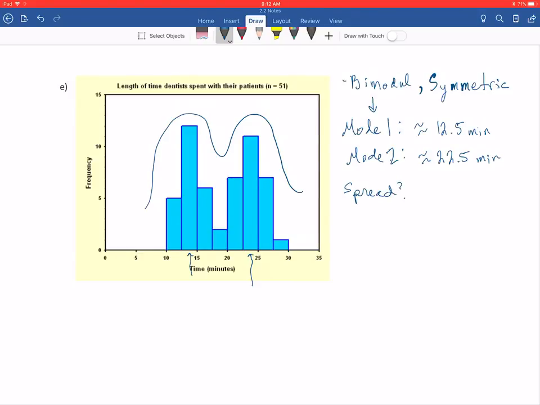As far as spread goes, when I think about making a dentist appointment, spending anywhere between 10 to 30 minutes doesn't really seem like a lot of difference to me. I would have built time into my schedule for any of those lengths of time. It wouldn't surprise me to be there somewhere in that range. So I don't really feel like there's a lot of spread here. I would call this one small spread.